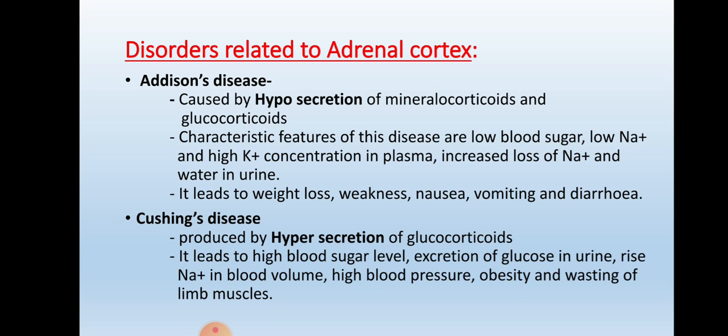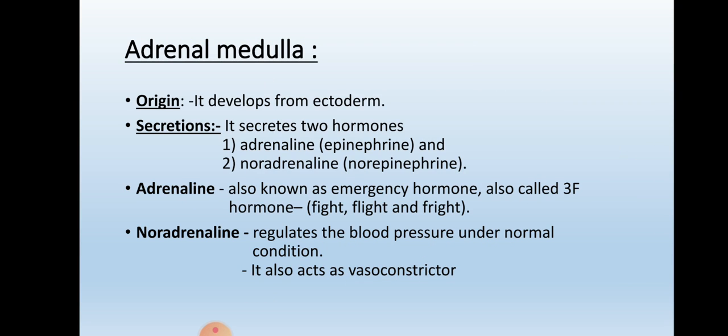Next is Cushing's disease, produced by hypersecretion of glucocorticoids. High blood sugar level, excess excretion of glucose in the urine, rise in sodium and blood volume, high blood pressure, obesity, and wasting away of limb muscles are some symptoms of Cushing's disease.